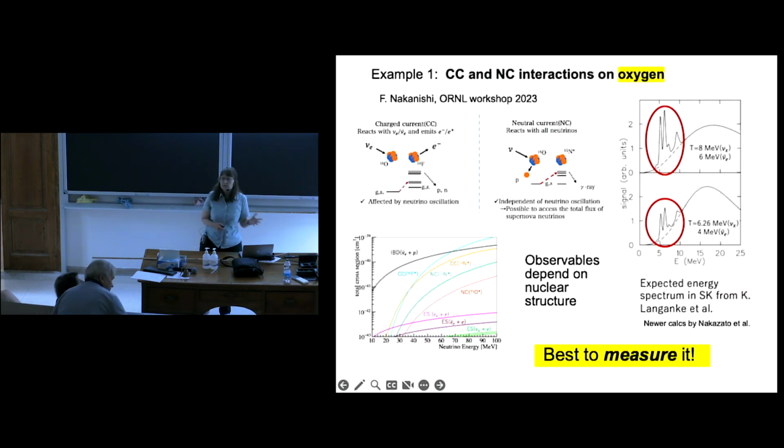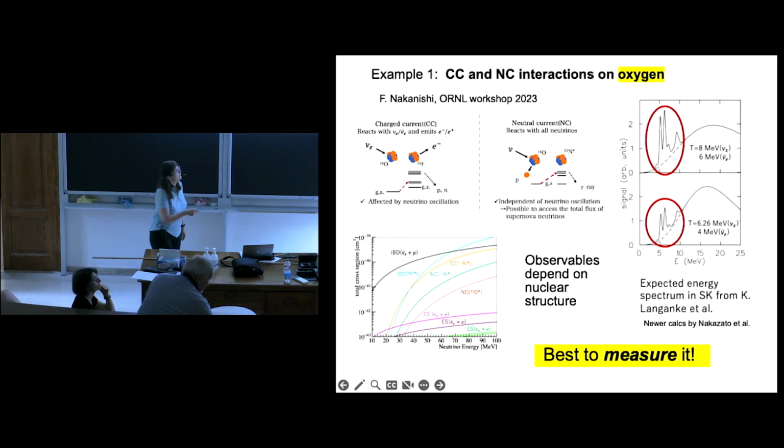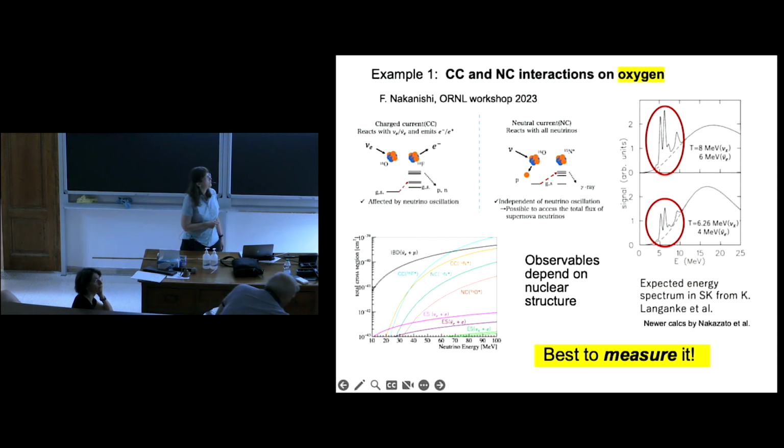And here's just some examples. This is an example of charge and neutral current interactions on oxygen. This is actually a few decade old plot now, showing an expected energy spectrum of gamma rays. It's actually not well smeared in the detector, but for this particular study, here you have potentially quite complicated final states for a given neutrino charge and neutral current interaction, and the observables depend on the nuclear physics.